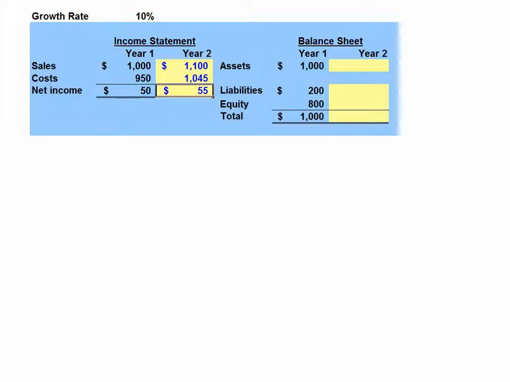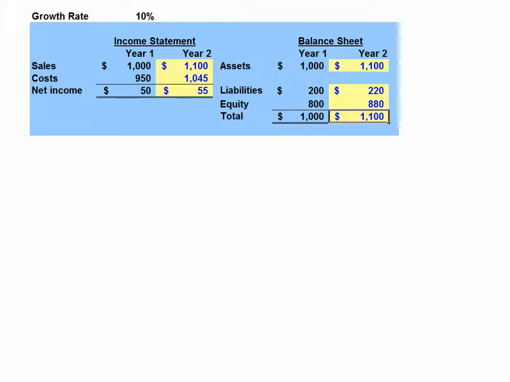Our year two balance sheet, assets go up by 10% since sales went up by 10%. We're going to assume a 10% increase in liabilities as well as again a 10% increase in stockholders' equity, giving us our balance sheet total liabilities and equity of $1,100. So our balance sheet once again balances.